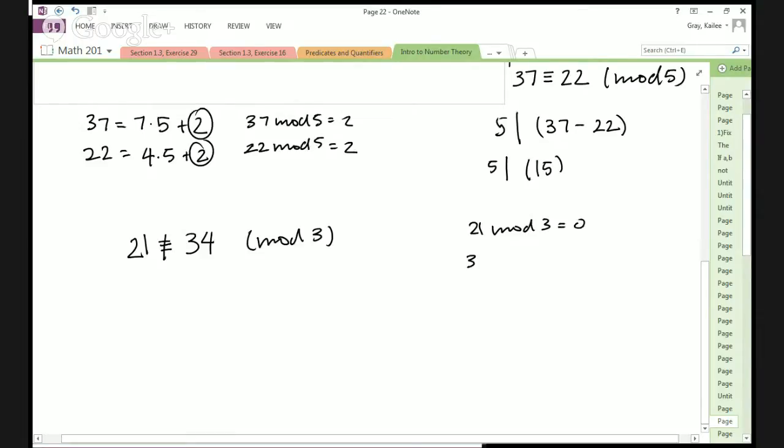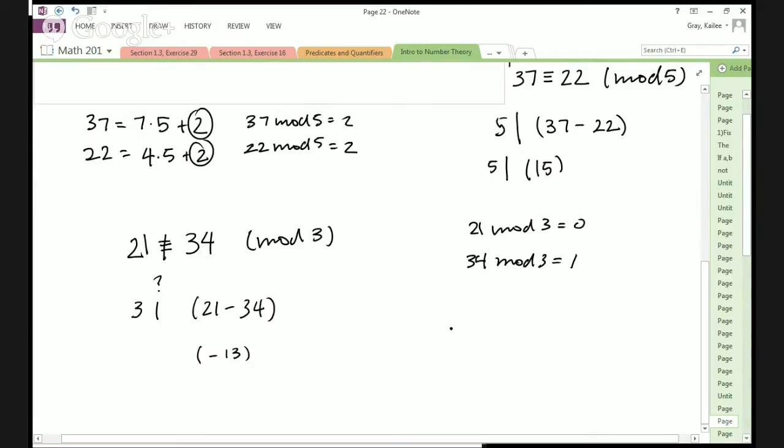I know 34 mod 3 is 1 because 3 goes in there 11 times, 33, remainder 1. So this congruence should not hold. Does 3 divide 21 minus 34? It shouldn't, because I know this congruence is false. 21 minus 34 is negative 13. So yeah, 3 doesn't divide it.